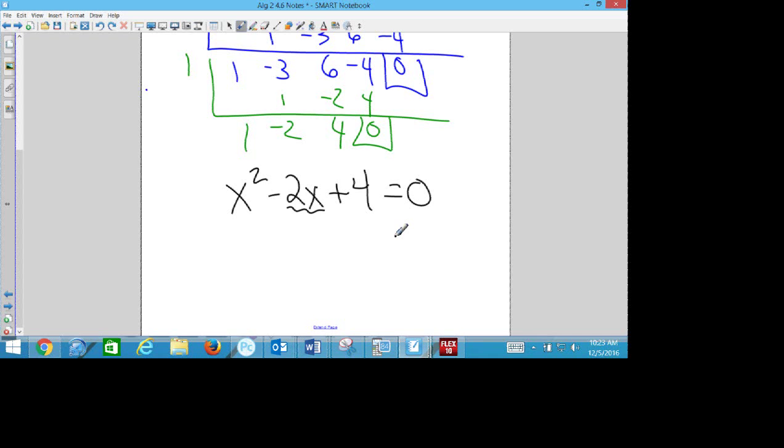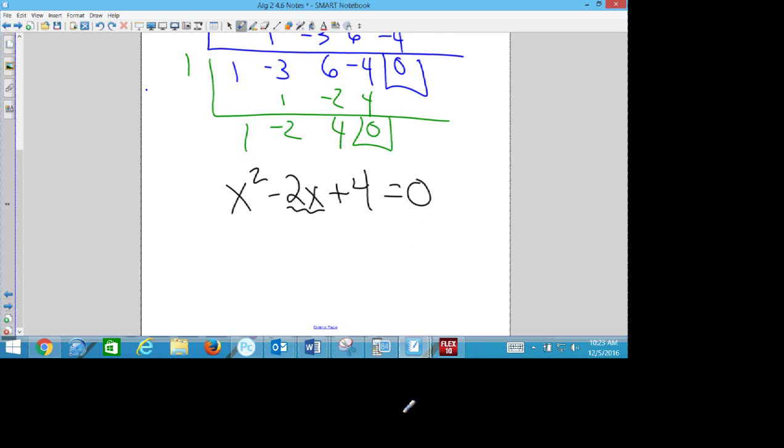We didn't see them, so they've got to be imaginary. One method is easier than the other in certain cases. I know that complete the square is easier here, but I'm going to do quadratic formula.